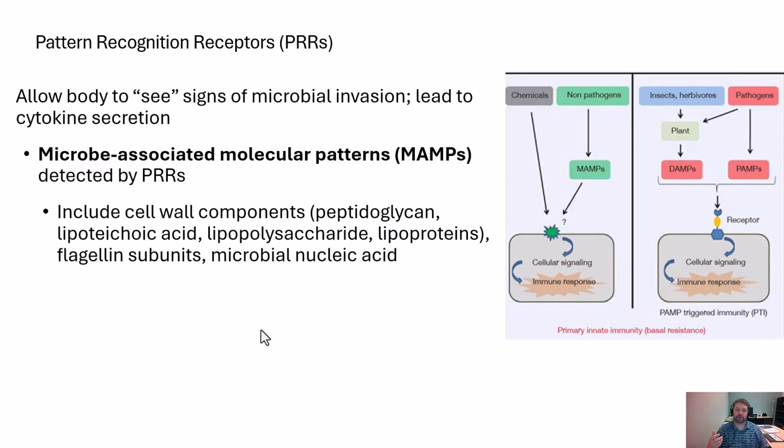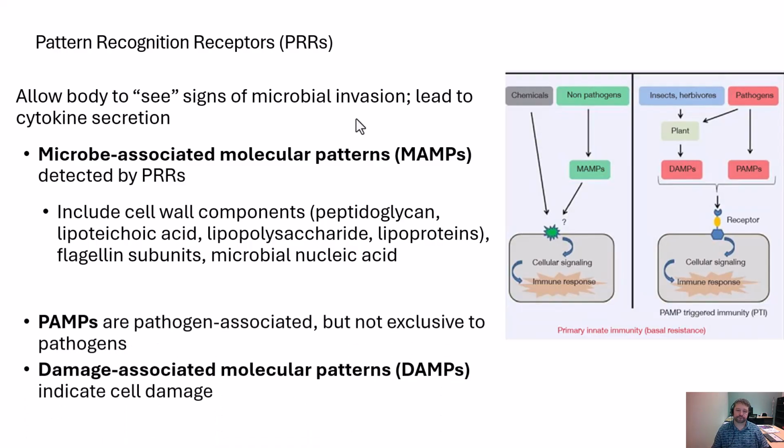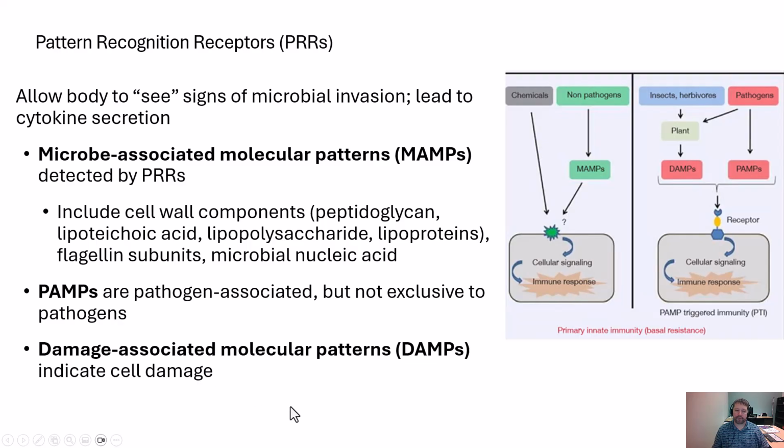So whether that be lipoproteins or segments of the flagellum, something that's based on protein is by far the most useful when it comes to inducing an adaptive immune response. Okay. The other two are PAMPs and DAMPs.